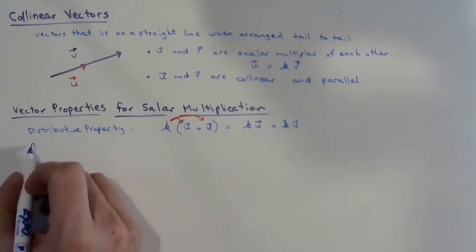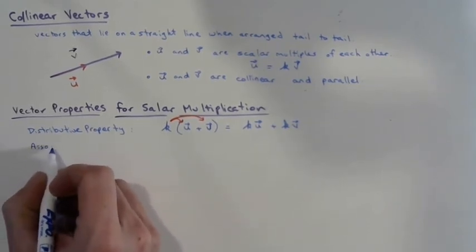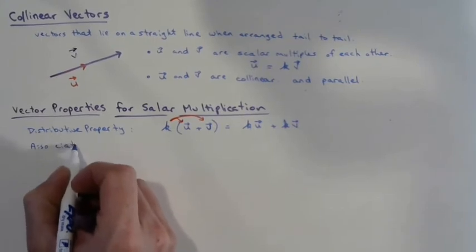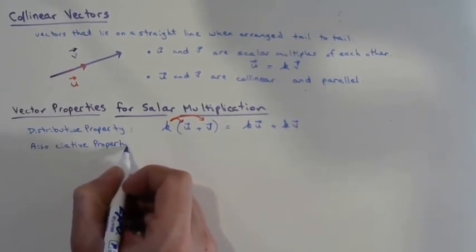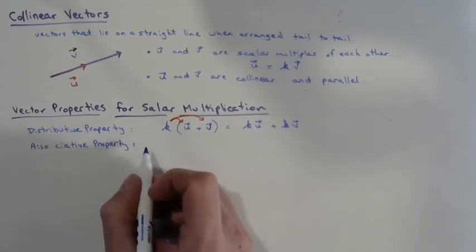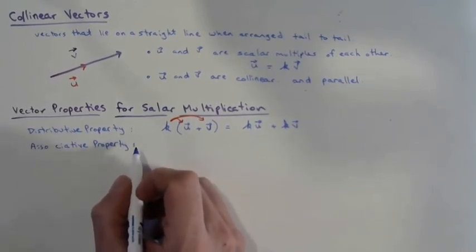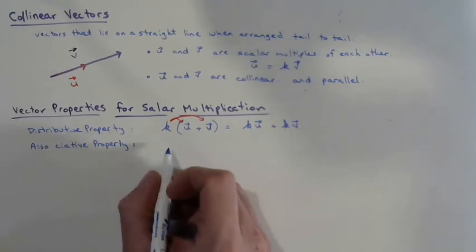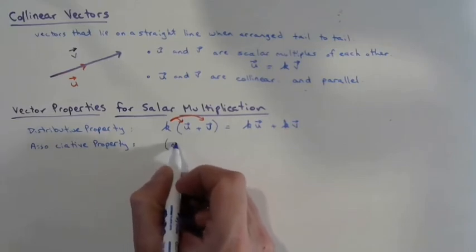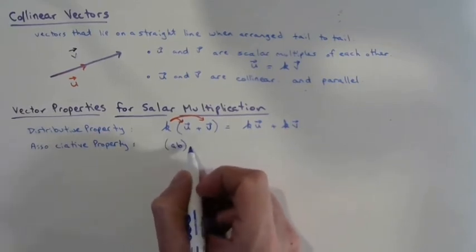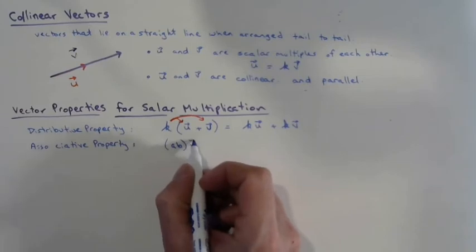Another one is the associative property. This is another one that we really do without thinking. There's nothing too challenging about it, but let's say we have scalars a and b, and they're being multiplied together, and then it's being multiplied by vector v.